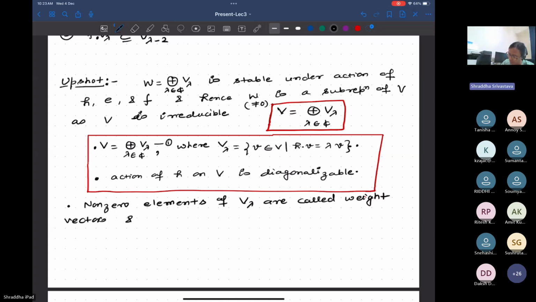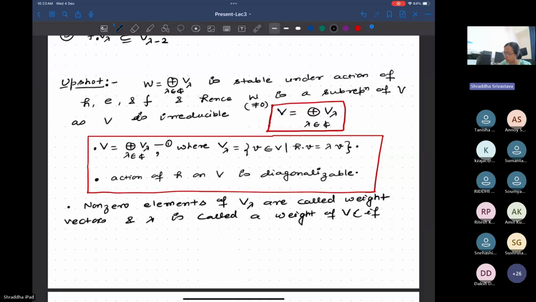And this complex number lambda is called a weight of V. All of this I'm defining only when your V lambda is non-zero. If it's zero, then there's no definition.